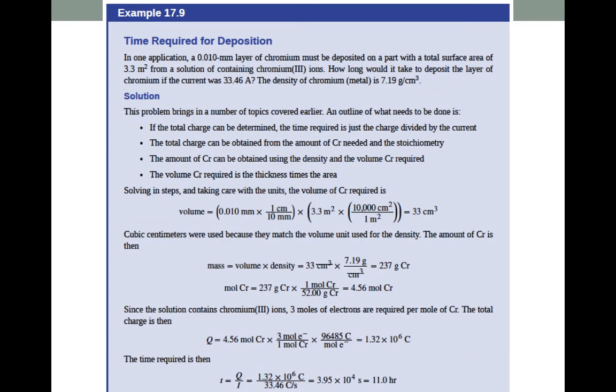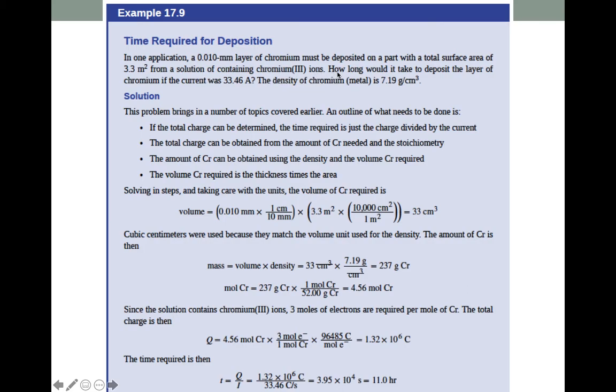So here's the second one. What is the time? So this is time required for deposition. In one application, a 0.010 millimeter layer of chromium must be deposited on a part with a total surface area of 3.3 meters squared from a solution containing chromium-3 ions.